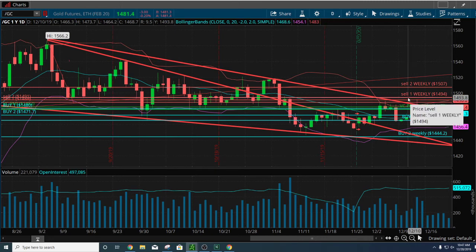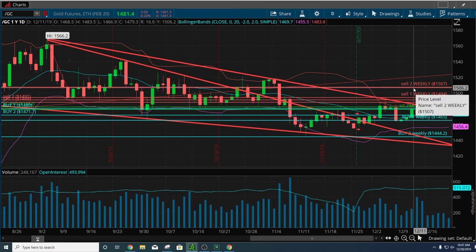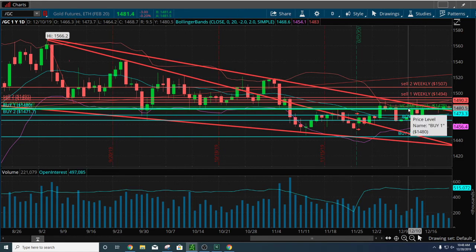Even though you have a 10% probability the price could go up, you want to wait for the highest probability to activate the signal. And in this case, from sell 2, if accomplished at 1507 and closes below 1507, would activate a short trigger with a 95% probability that the reversion should unfold back to the mean.